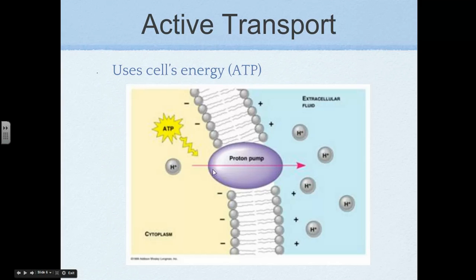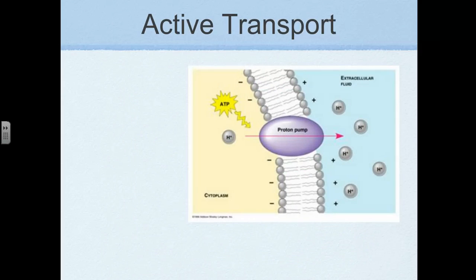We want to pump that back out of the cell into the extracellular fluid, into the space outside of the cell. So we're going to use some energy, some ATP, to move against the gradient. And active transport is always used when we're trying to push something against a gradient, because then we really have to use effort to move that molecule, because it's not the natural direction the molecule would travel.